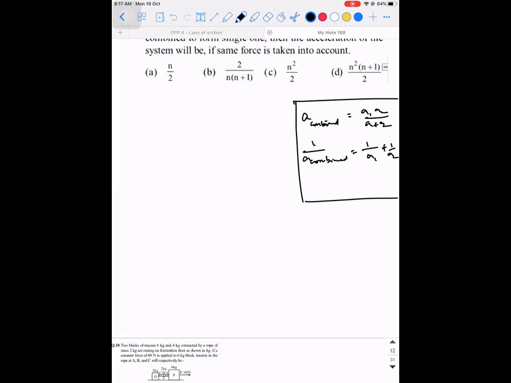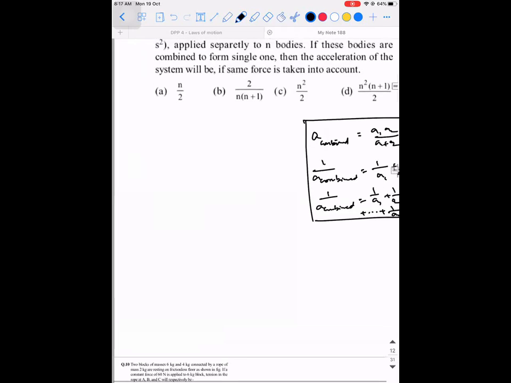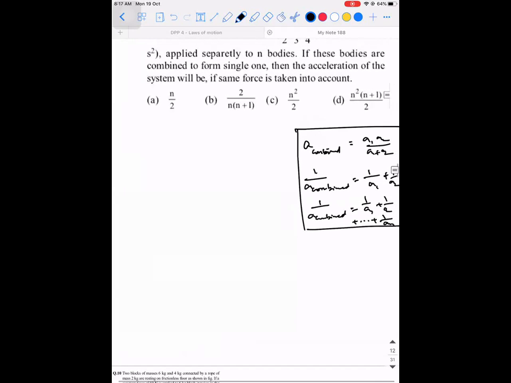So that's the logic. If there are n blocks in the system, then what will be the acceleration of the combined system? 1 by A1 plus 1 by A2 plus so on. What will be the last expression? 1 by An. So taking all this into consideration, the acceleration of the system will be 1 by A combined is equal to 1 by 1 plus 1 by half plus 1 by 1 by 3 plus so on, and the nth one will be 1 divided by 1 by n.